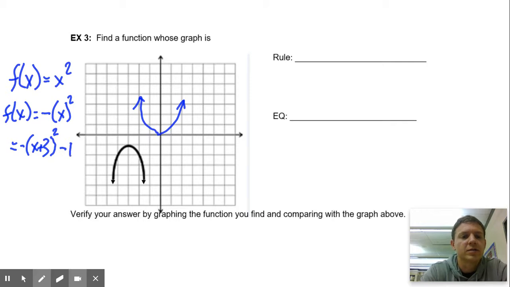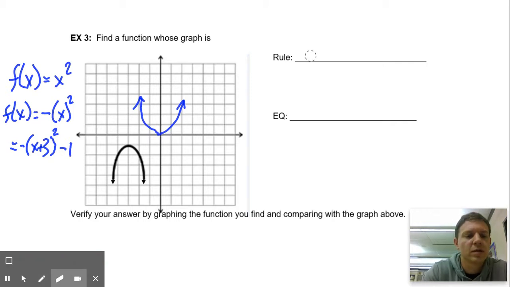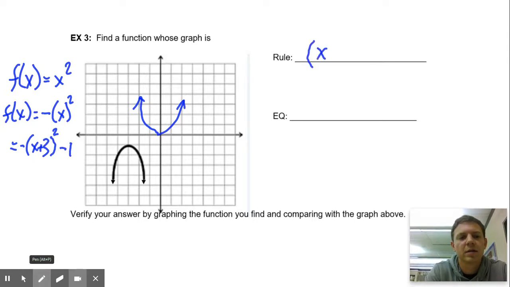All right, so what happens for our rule is that our x's are moving to the left 3. Okay, so we subtract 3 from all of our x's. Remember, it's the opposite of what's in the equation. And our y's need to change sign, and we need to subtract 1 from them.